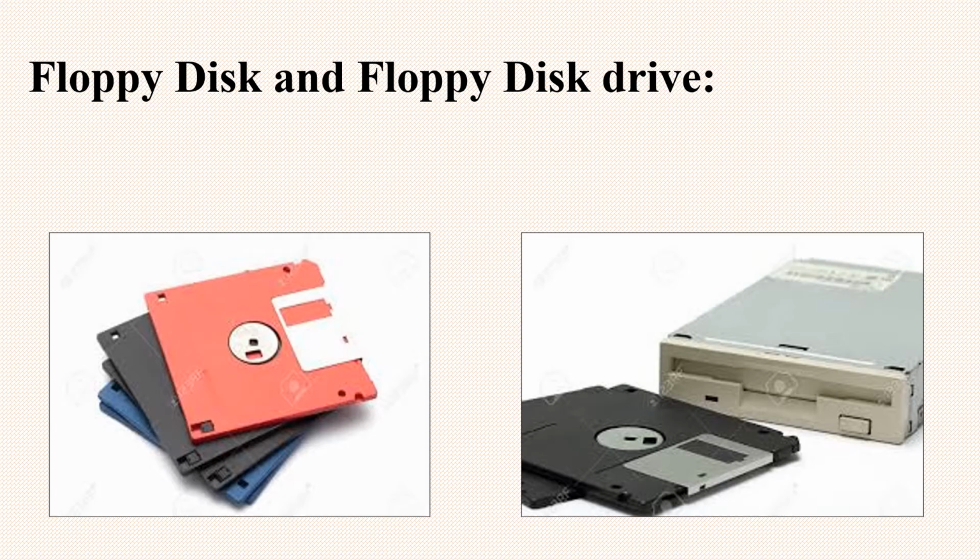The second image that I have shown you is the floppy disk drive. This was the part of the device where we used to insert the floppy disk, and it could retrieve or store the information, or we can say it could operate the floppy disk.